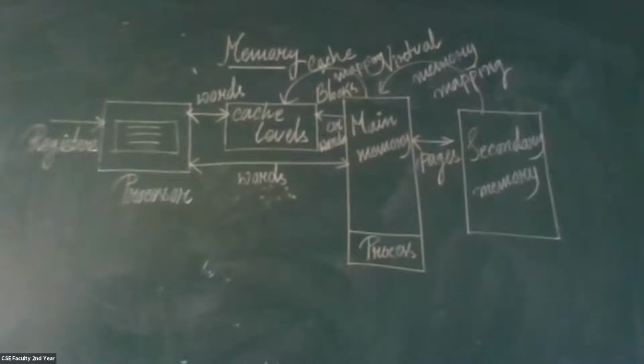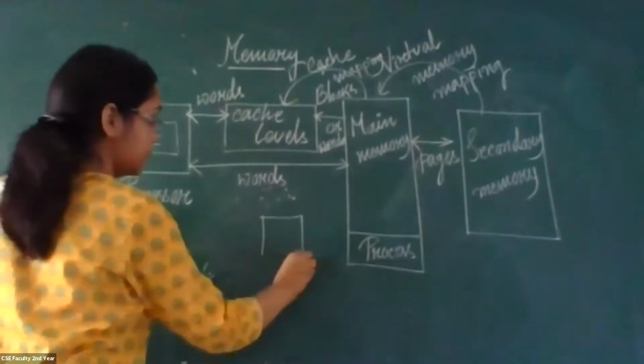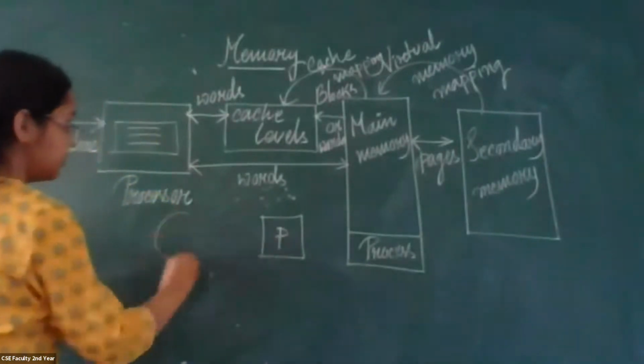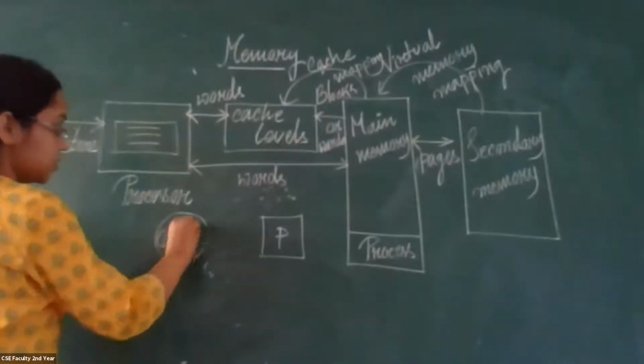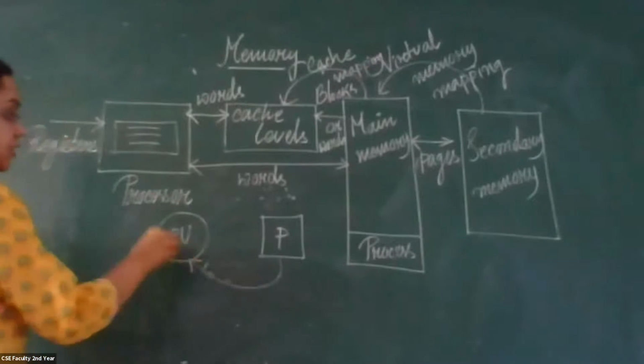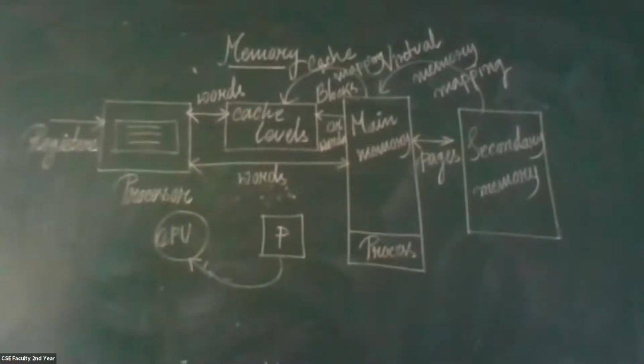Now suppose there is a program P and there is a CPU. This program has to be executed in the CPU, right? Now, the CPU speed is in MIPS.